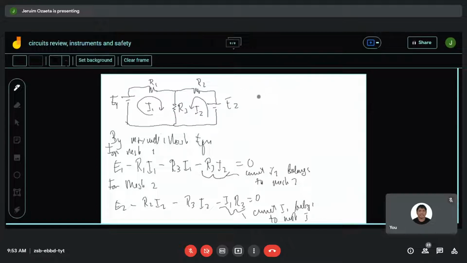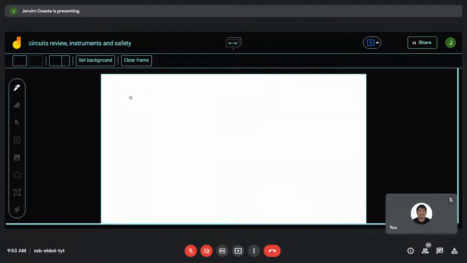What if we analyze the direction of the current in the other direction?